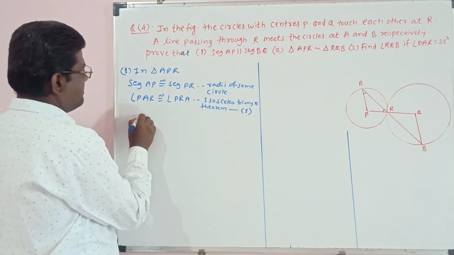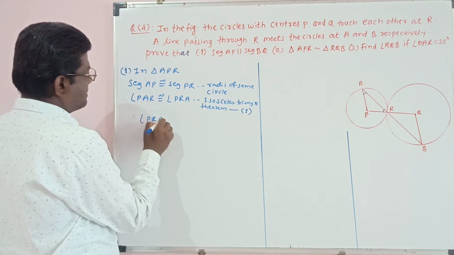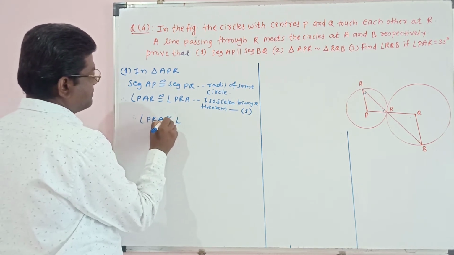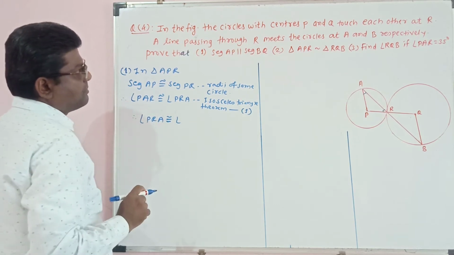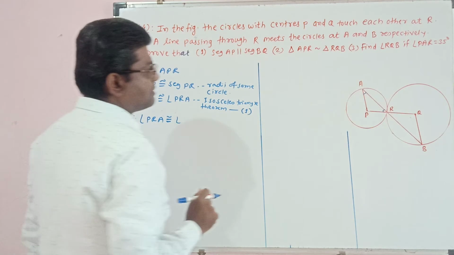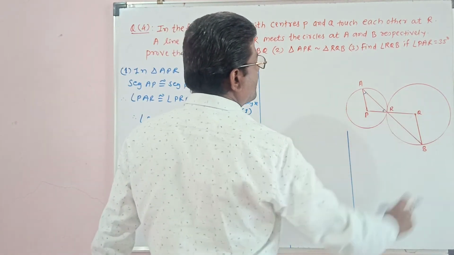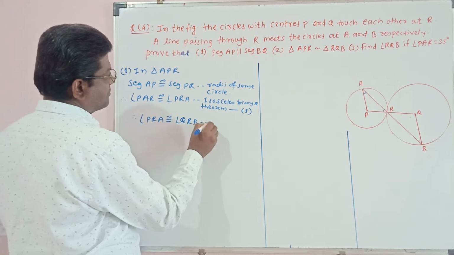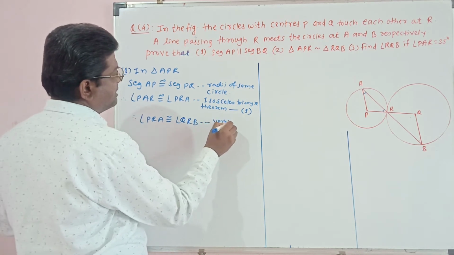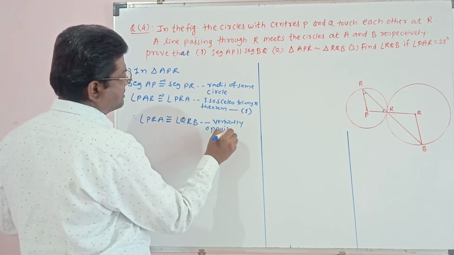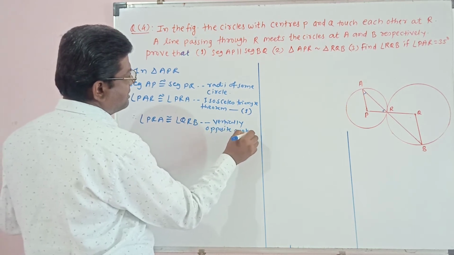Therefore, angle PRA is congruent to angle QRB, vertically opposite angles.